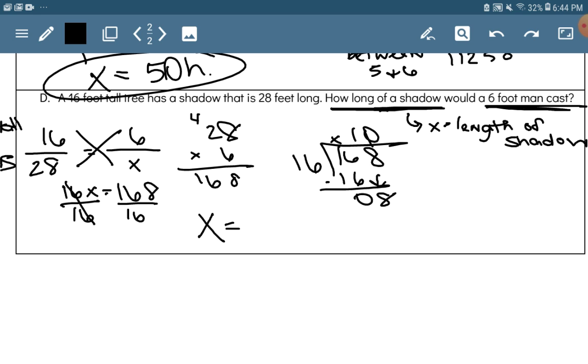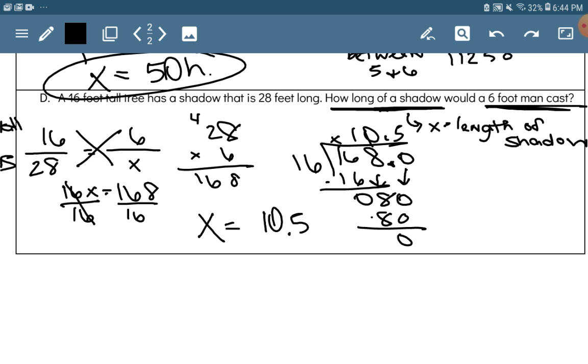Now to keep going, I could either make a fraction or a decimal. I'm going to do it as a decimal, so I'm going to add a decimal and a 0 and bring that 0 down. 16 can go into 80 5 times perfectly. That means that x equals 10.5.